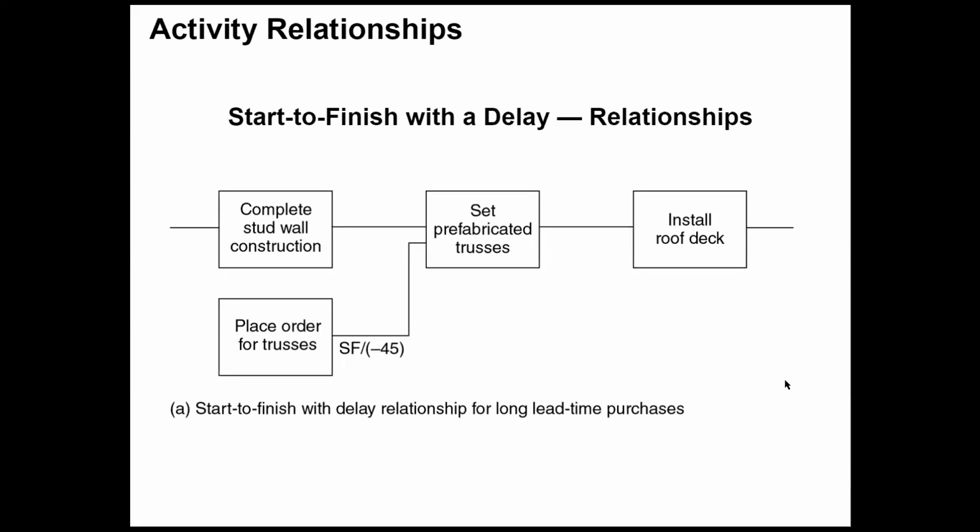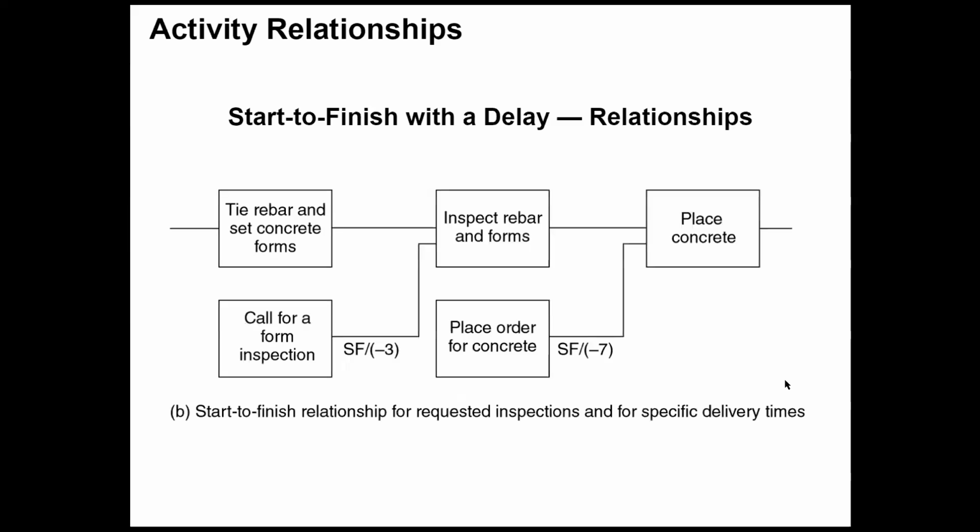So an additional example over here: you will complete your step wall construction and you will set your prefabricated trusses, right? And you will order your trusses 45 days before your placing, right? Same as ordering the concrete supplies. And this is also the same thing.